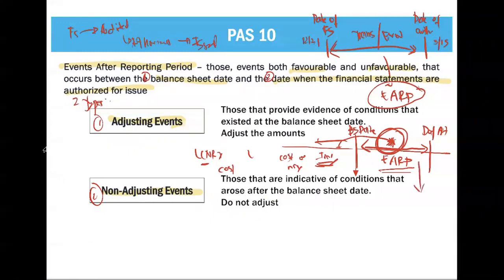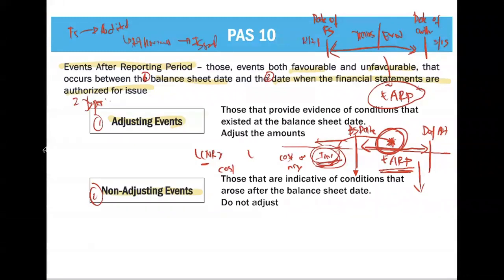What do we call that transaction? The decrease in the value of our inventory during this period, we call that events after reporting period. So that particular event talks about a condition that already existed as of the balance sheet date about that inventory.